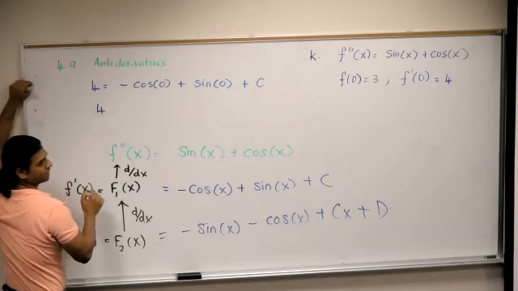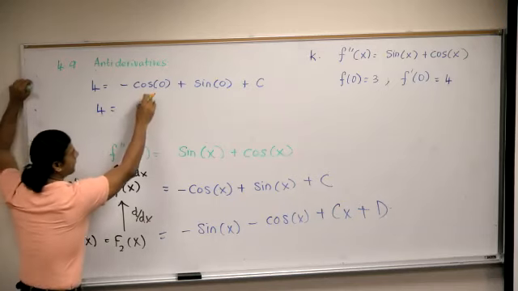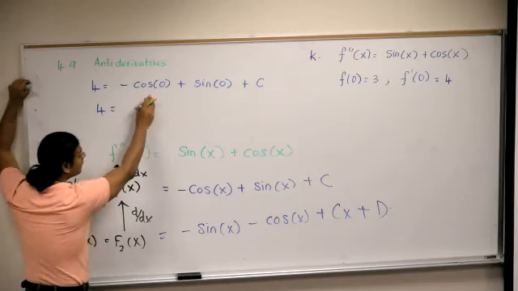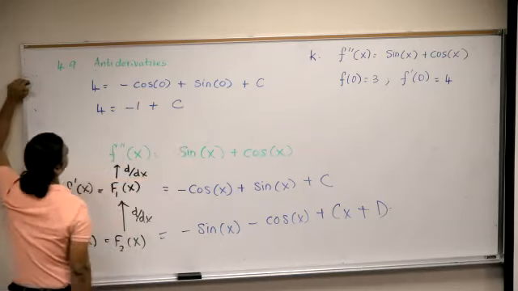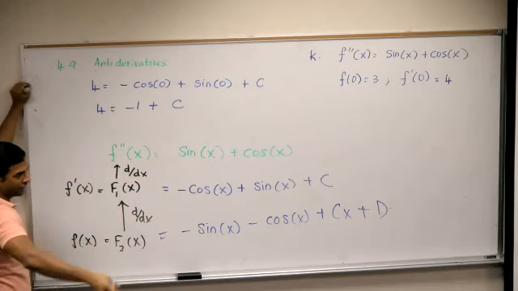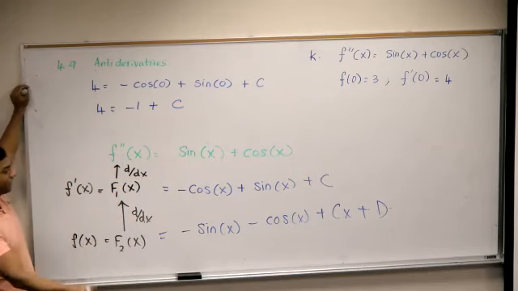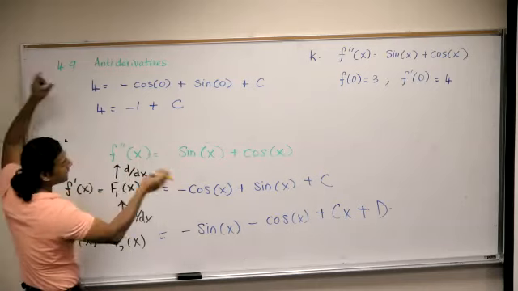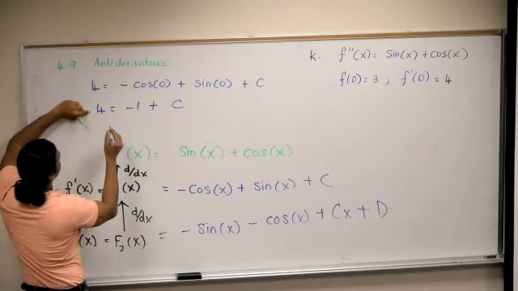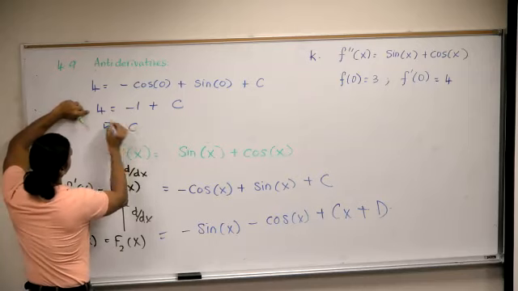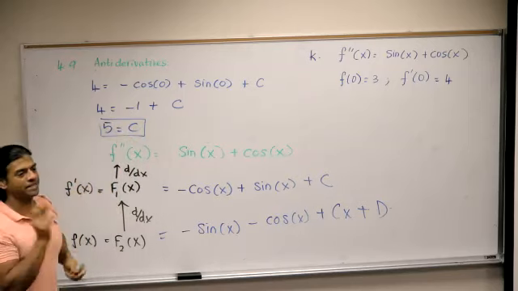One. There's a negative cosine. That wasn't the question. My question was, what is cosine 0? Do we really have to do this every single time? So, move that negative 1 to the other side, we get c to be 5.